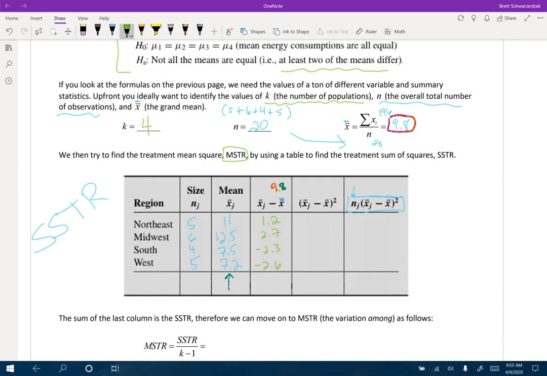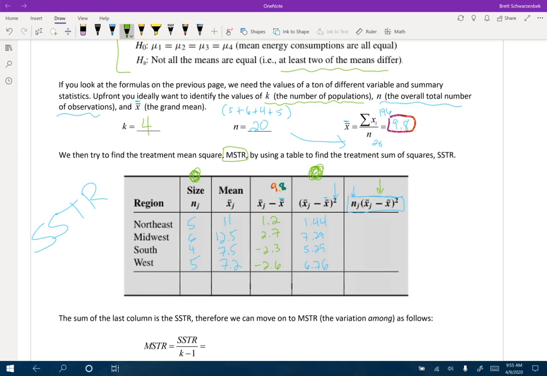Remember here again, it looks like all we're doing is taking the previous column and squaring it. So we get 1.44, 7.29, 5.29, 6.76. Remember, all values squared become positive. The only thing left to do is to take our first column, n, and multiply by our fourth column, x bar sub j minus grand mean squared.